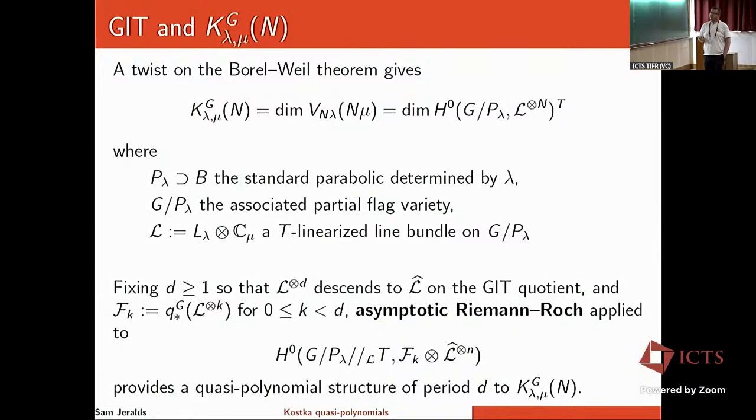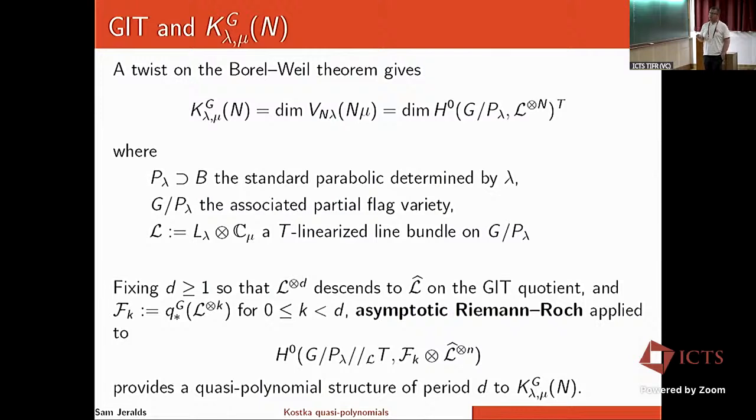And then for everything else, I can at least push forward a power of L for k between 0 and the power that descended to some rank 1 reflexive sheaf downstairs. And then combining all of that together, you get that this space of T invariants is exactly this space of global sections on the GIT quotient.